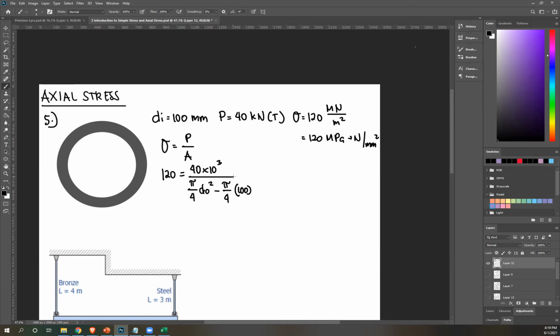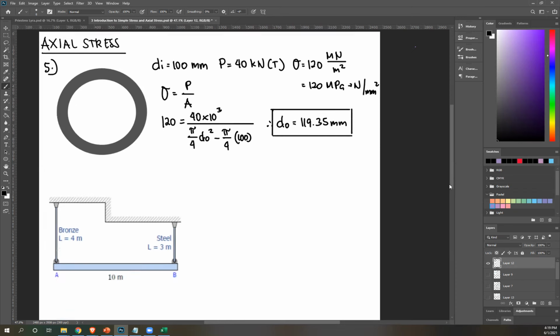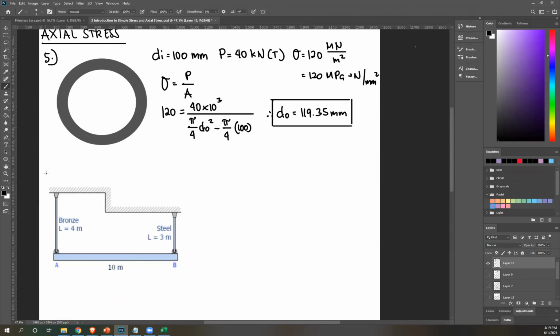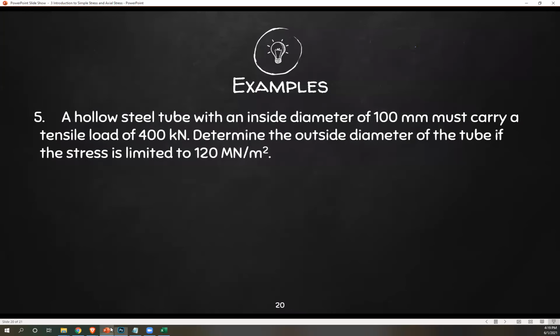No need to convert. Okay, and this is our working equation. And then from this, I can solve for DO. Therefore, DO is 119.35 millimeters. Okay, so it's basic. It's just P over A, where A is not given, you have to solve for it. That's number 5. Next, let's move on to number 6.